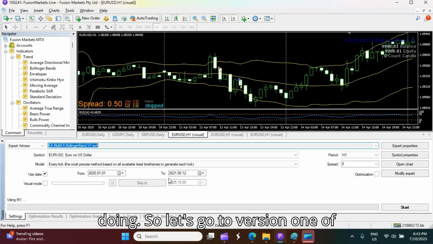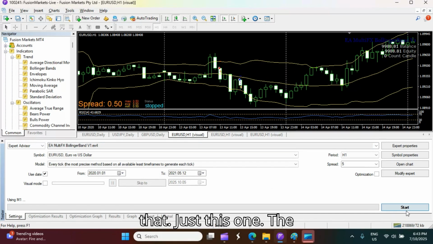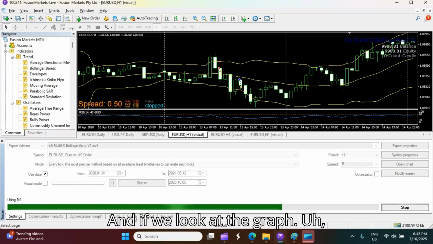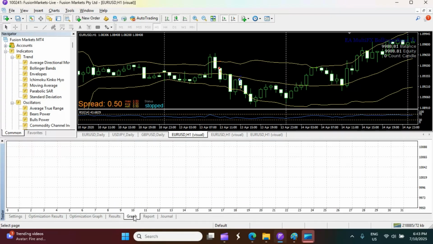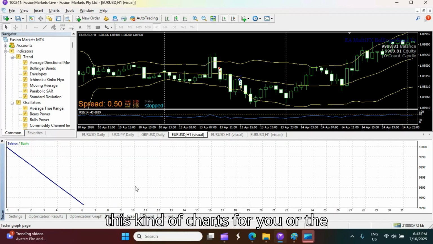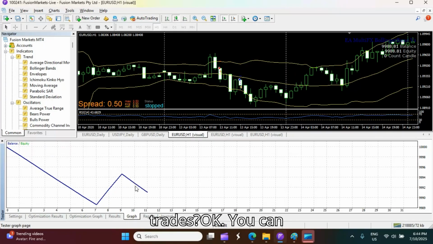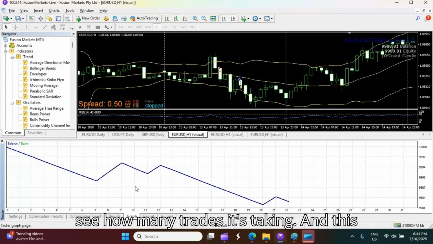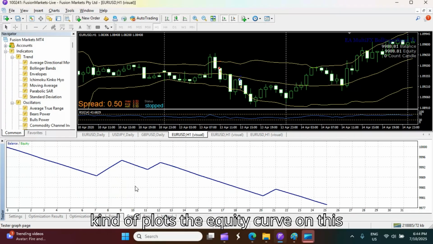So let's go to version 1 of that, the one I just talked about. I'll click on start. If we look at the graph, this charts all the trades. You can see how many trades it's taking, and this plots the equity curve on this particular bot.